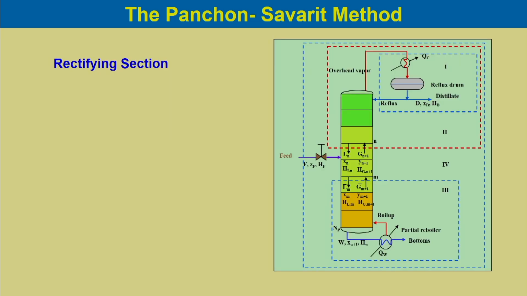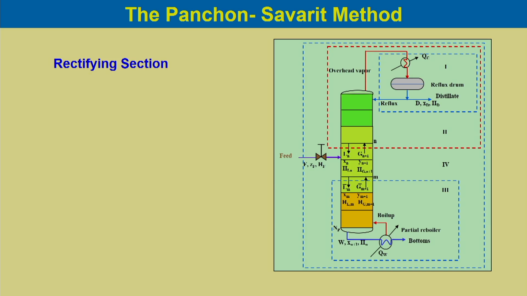Let us consider this multi-stage tray column or fractionator as we have discussed before, and we have different sections over here. Section 1 constitutes the condenser and the reflux drum together.